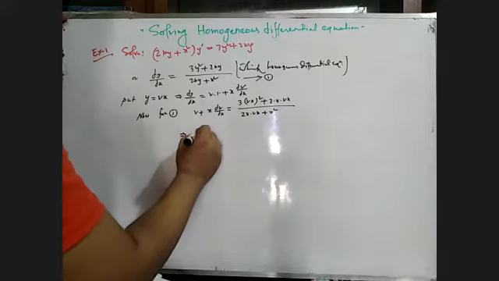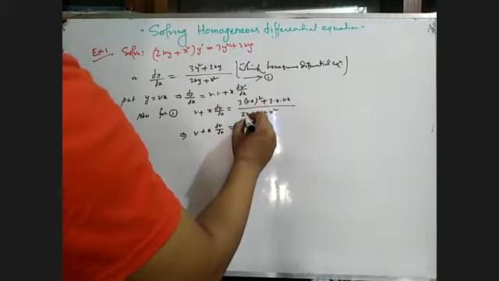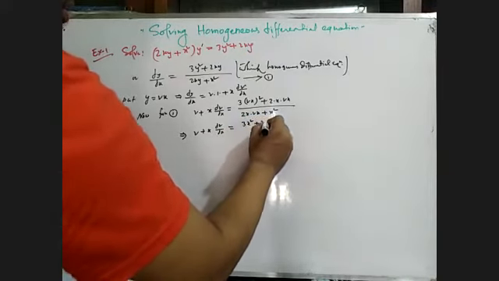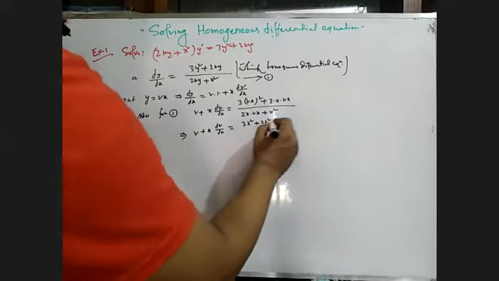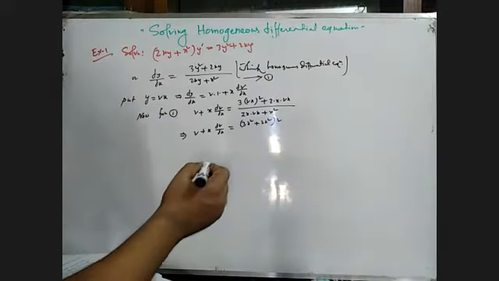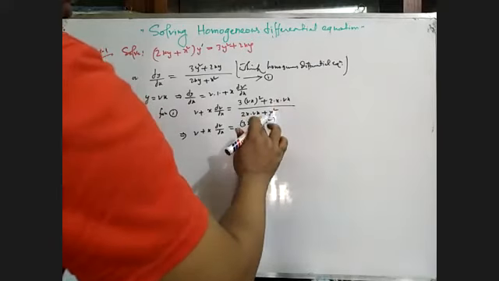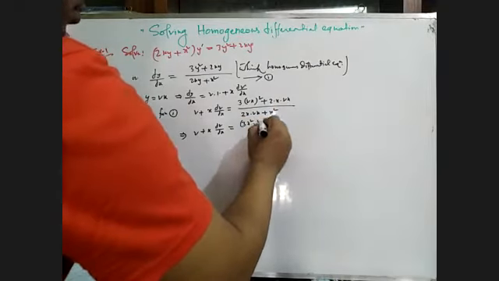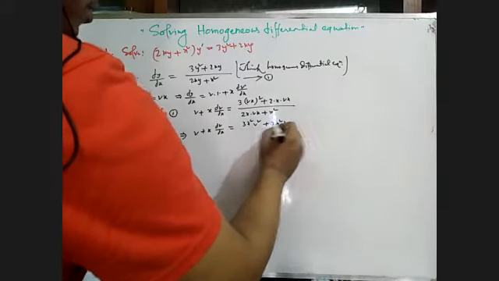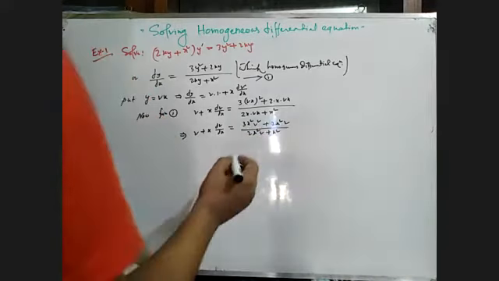So from this, v plus x dv/dx will be 3v square x square plus 2 x square v, divided by 2v x square plus x square.